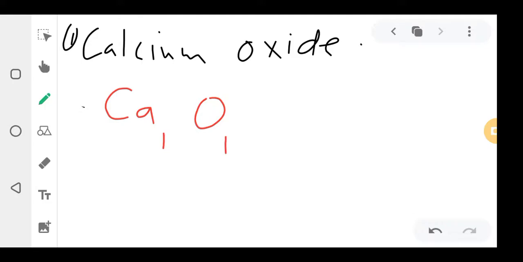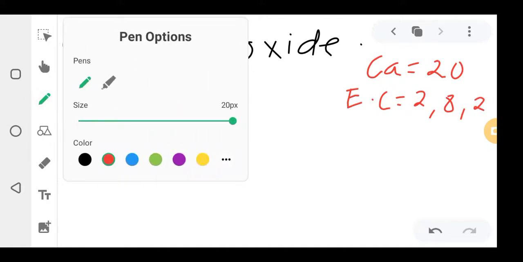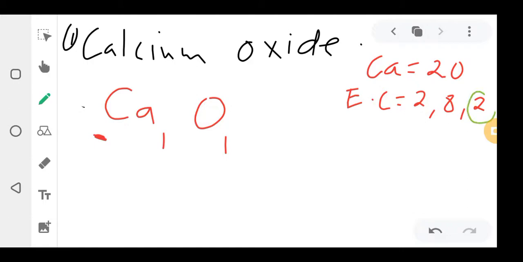This calcium, the atomic number is 20, and the EC is 2,8,2. You always pick the last number, which is 2. That is the valence that I'm going to put on calcium.